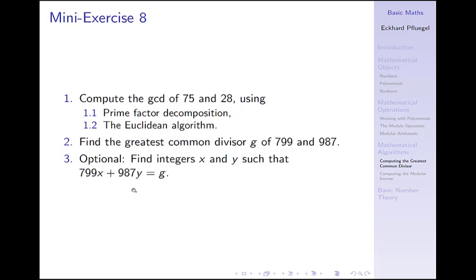Second exercise would be to still practice the GCD, and I should say Euclidean algorithm here, with input 799 and 987, which looks awkward. These are awkward numbers, but if you use the Euclidean algorithm, it should be relatively quick. And as a bonus exercise, you could try the optional task to find integers x and y, so that this linear combination with the input numbers 799 and 987, so times x and times y, equals the GCD that you have just computed.